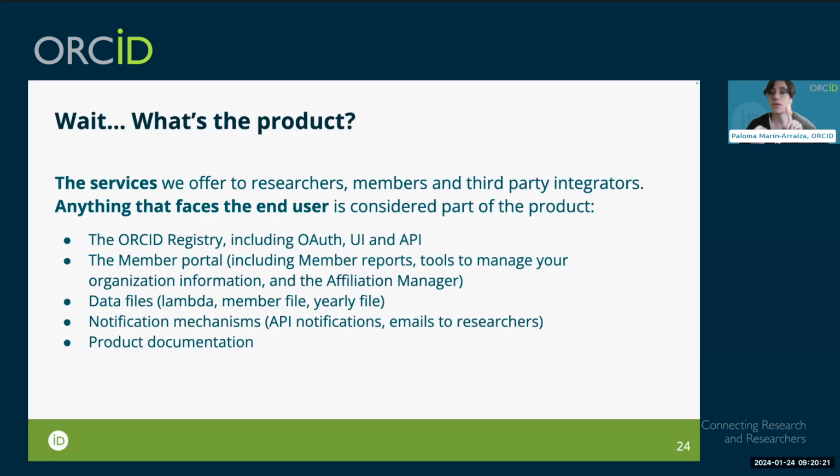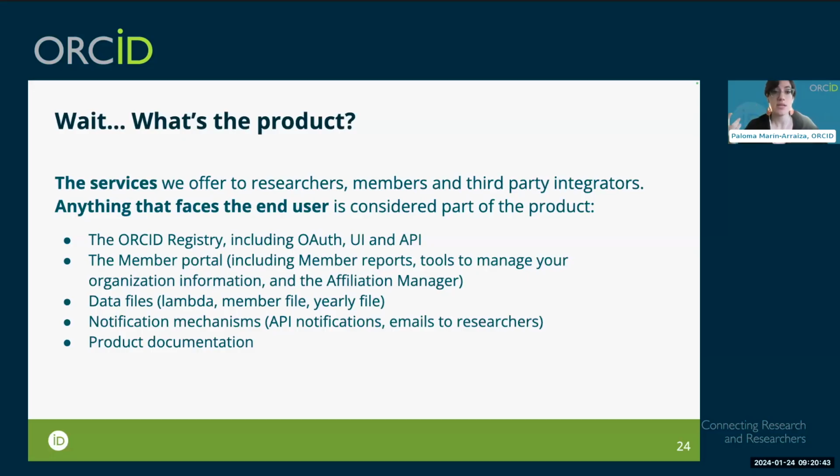This includes the ORCID registry, you're more than familiar with, the process of authentication, OAuth, the user interface, and also the API. The member portal that I was mentioning before, including all the reports, tools to manage your information, and also the Affiliation Manager.